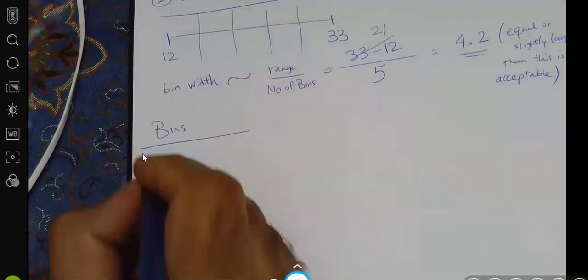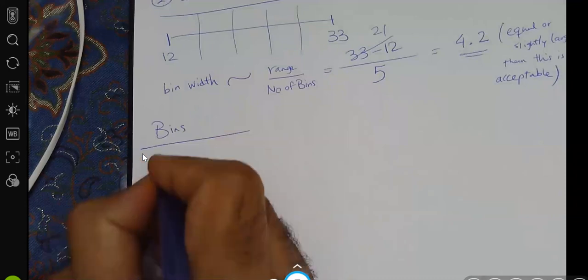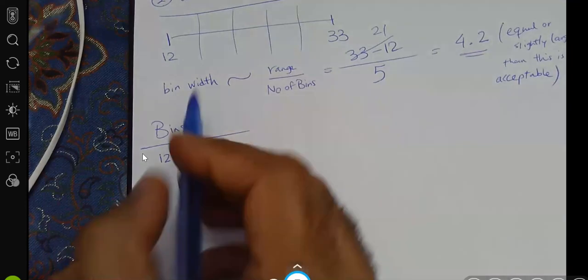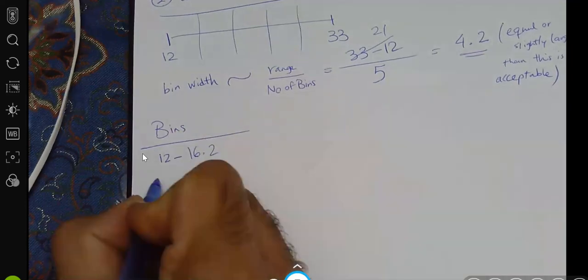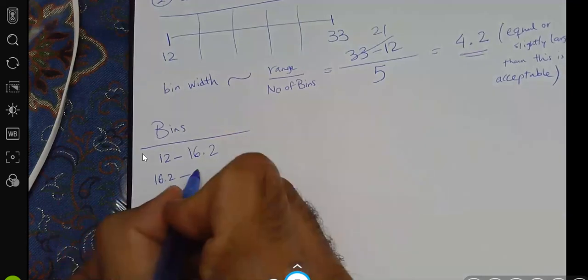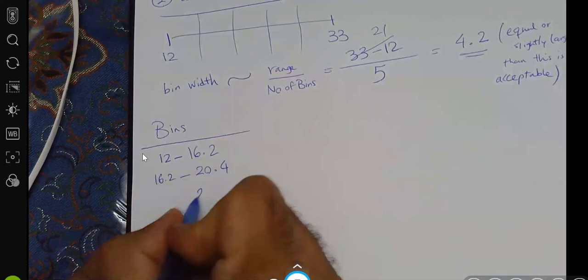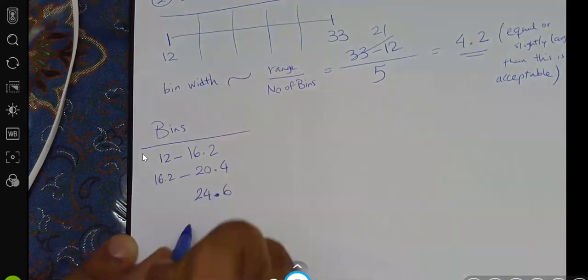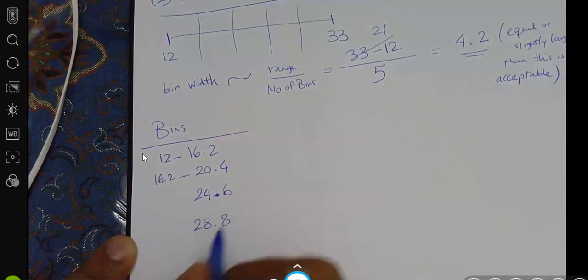So 12, you add 4.2 to that, 16.2, all the way to 20.4, 24.6, 28.8, and 33.